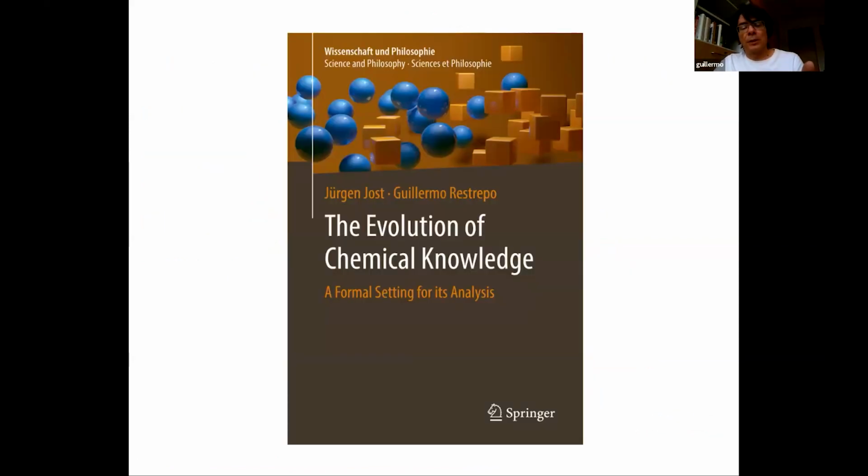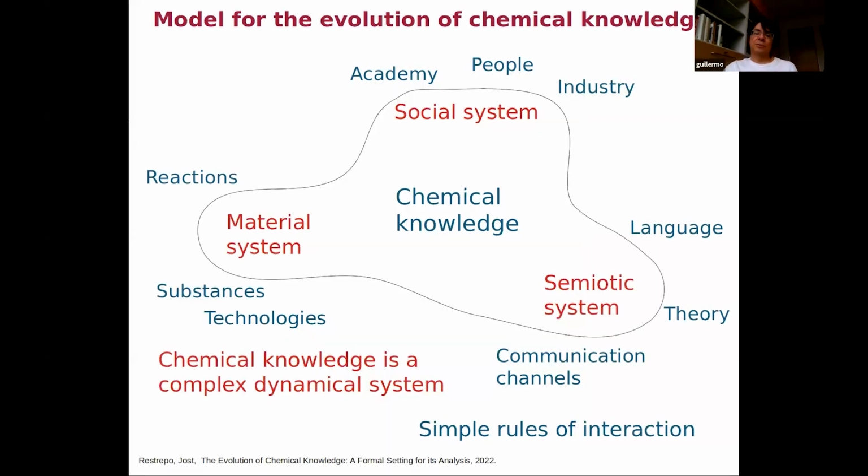Part of what I'm going to say here was published in this book along with Jürgen Jost, and the general setting we have for the analysis of the evolution of chemical knowledge is that chemical knowledge is a complex dynamical system, which is based on three interacting systems: the material system, the social system, and the semiotic system of chemistry. In the material system, we have the reactions of the substances, along with the technologies that chemists have used all over the history of chemistry.